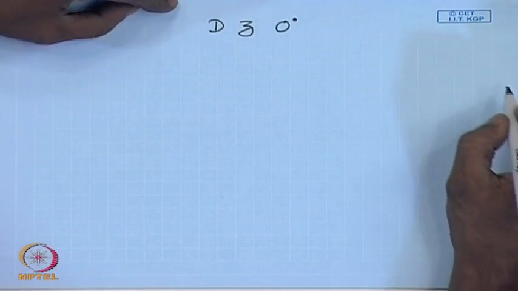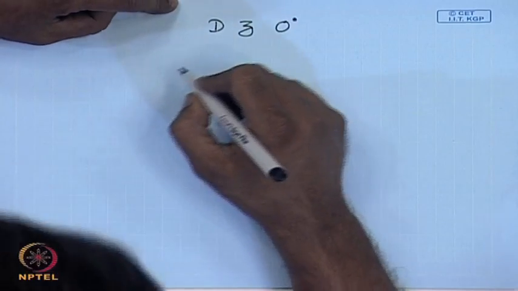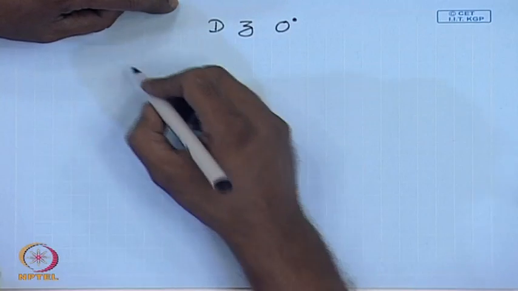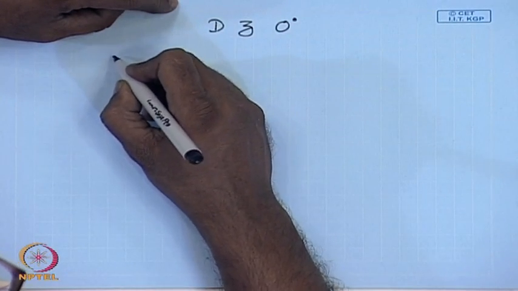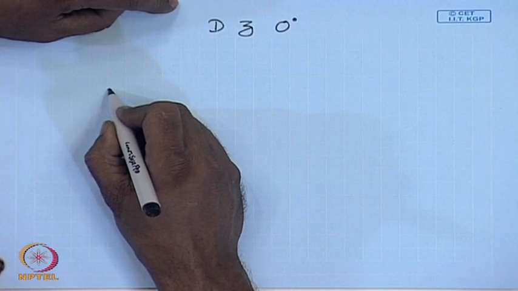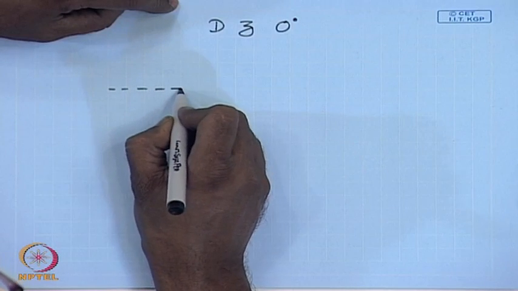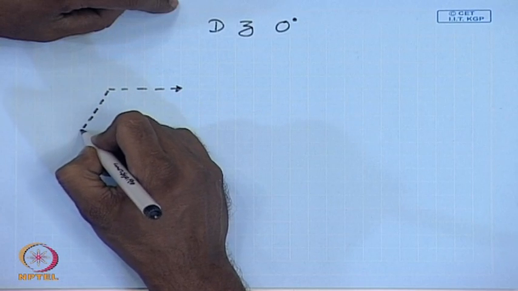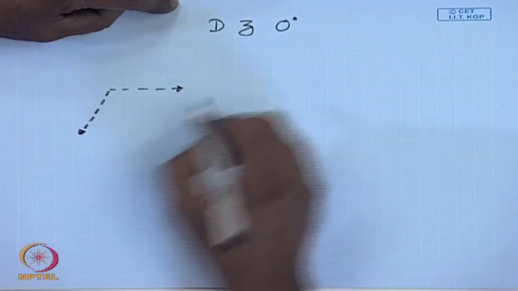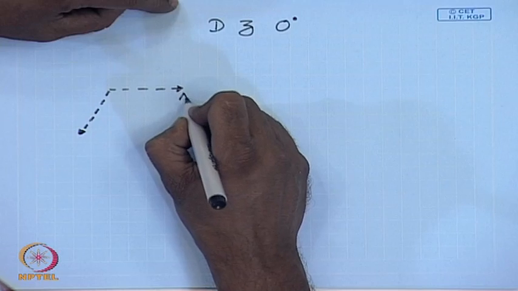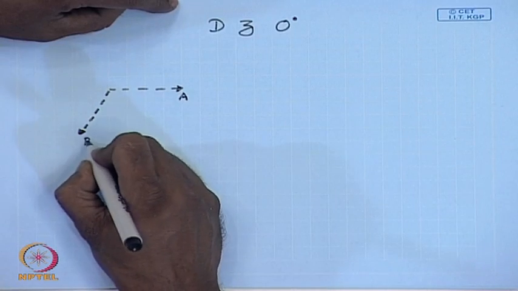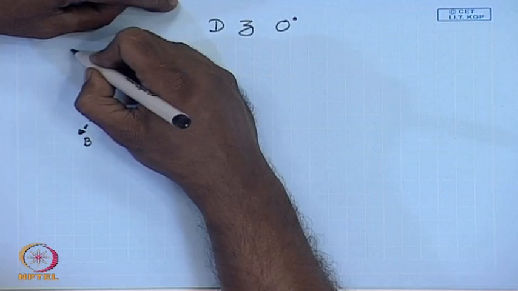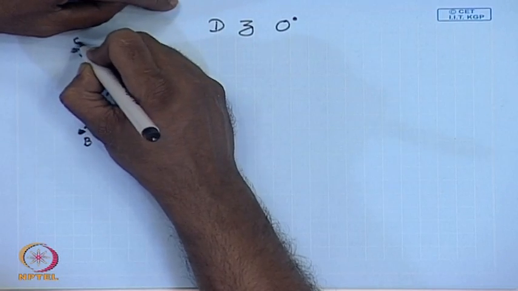So, again here we have the line to neutral voltage phasors A, B, C. These are the line to neutral voltage phasors.